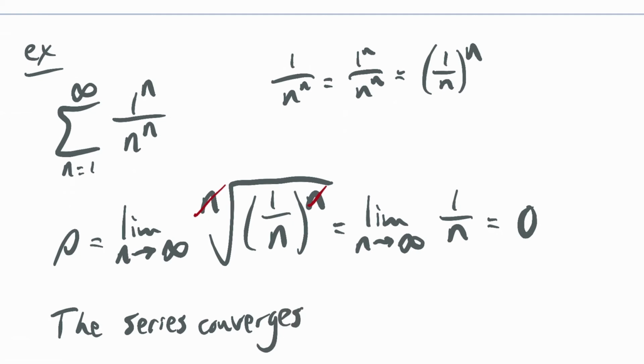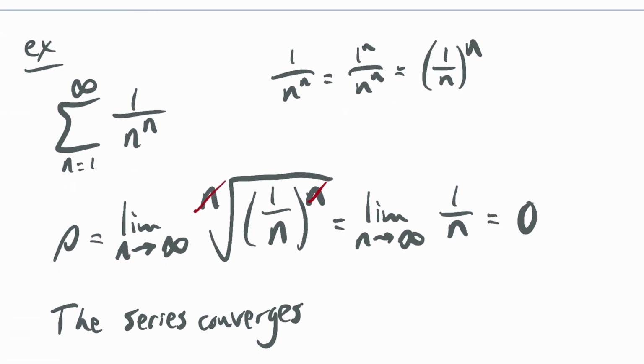And probably there are other tests we could use, like the ratio test. Maybe we could do a comparison test, either a direct comparison or a limit comparison. There are probably several tests that work for this example. So the series converges by the root test.